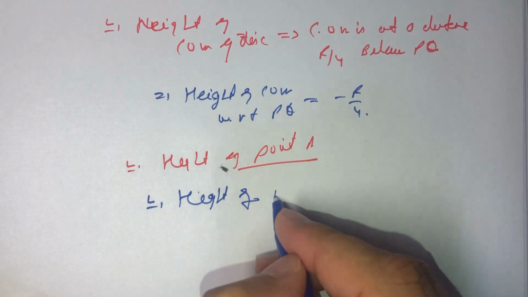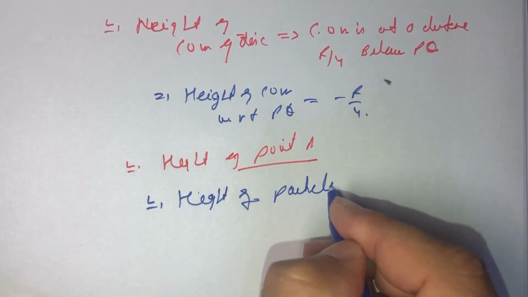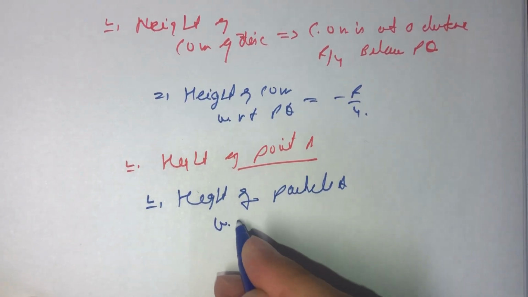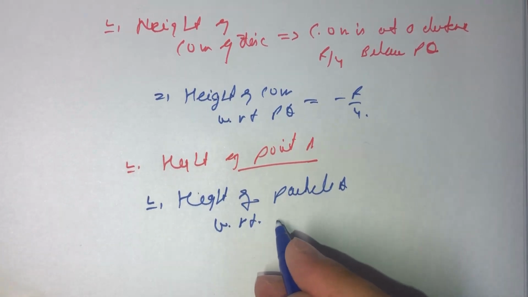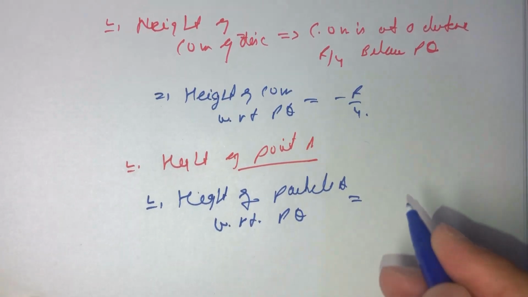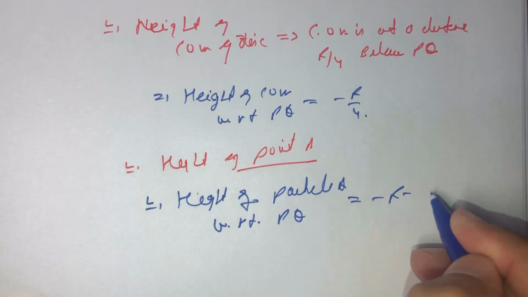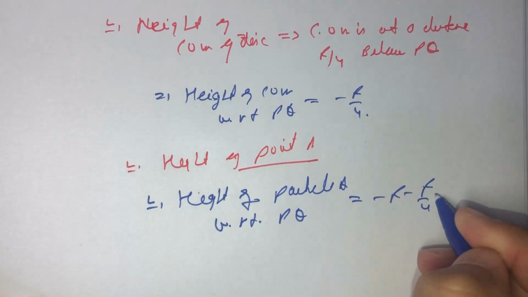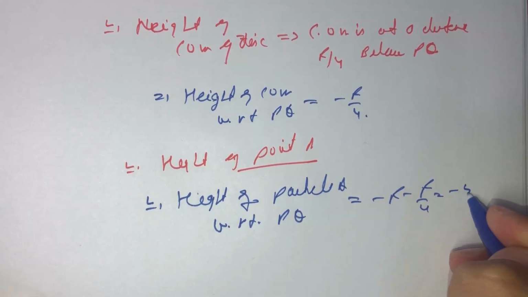Height of particle A with respect to chord PQ will be equal to minus r by 4, and this becomes minus 5r upon 4.